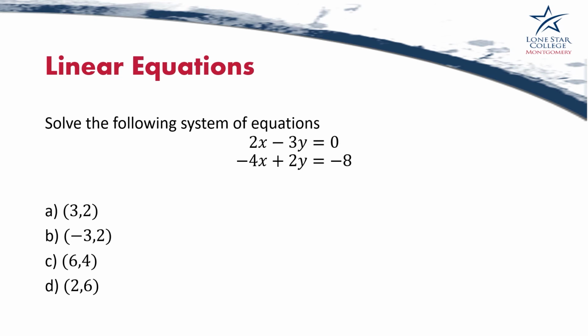So we have another system, but this time it's formatted a little bit differently than before. Before, we had y equals on both equations. Now what we have is 2x minus 3y equals 0, and negative 4x plus 2y equals negative 8. To solve this one, we can use another method, which is called the elimination method.